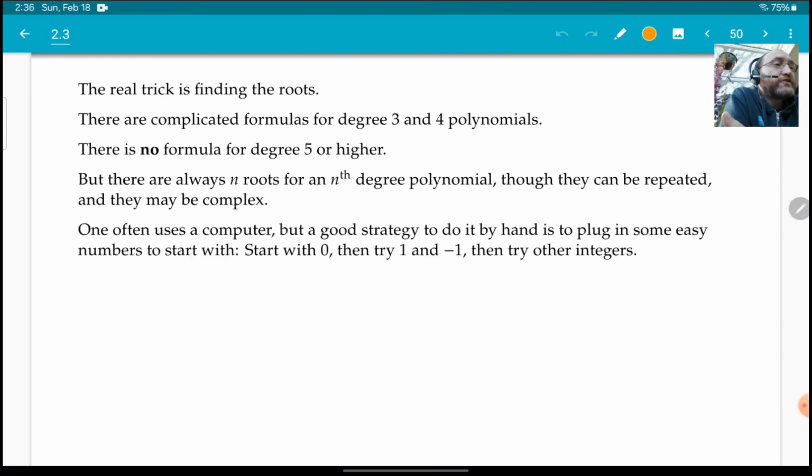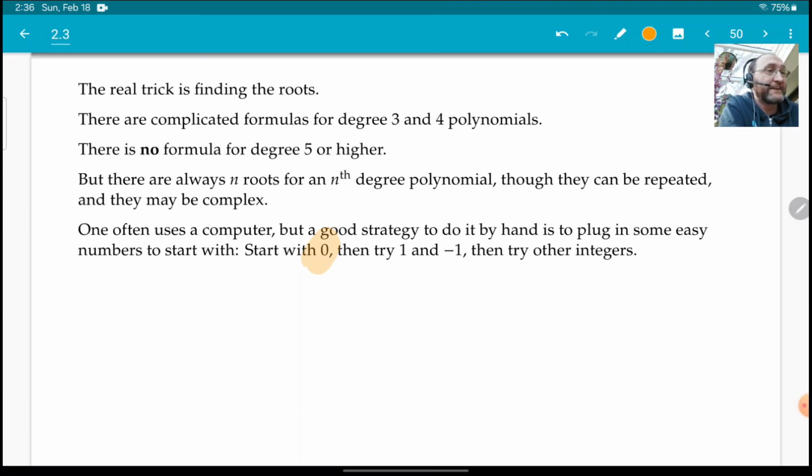And one usually uses a computer to find this, right? Sometimes you need to do it by hand, but generally in real life you'd use a computer to find these roots. But if you see the thing, sometimes certain ones are easy to come up with. A lot of times 0 is really easy to figure out.